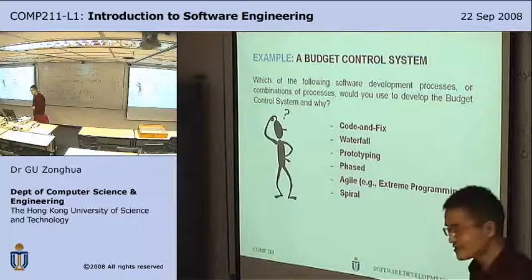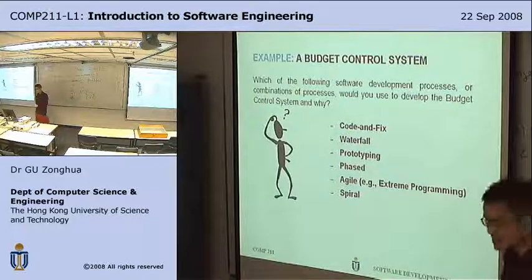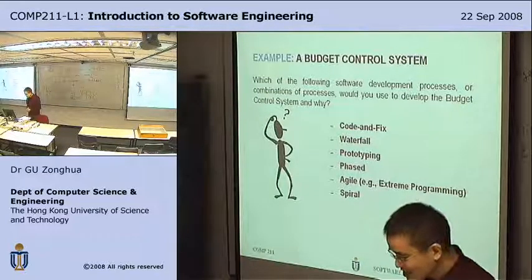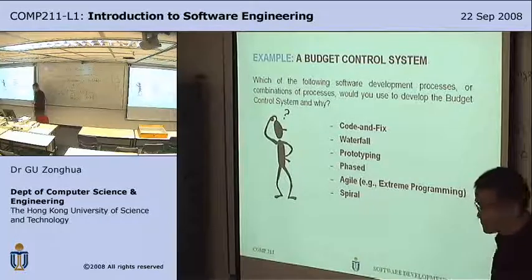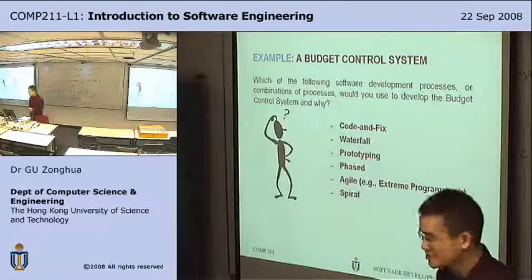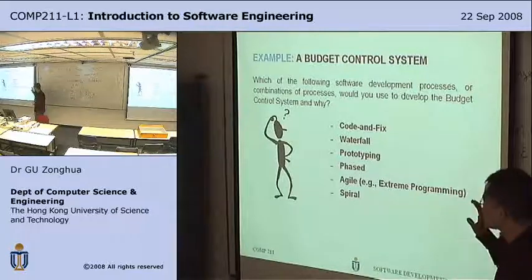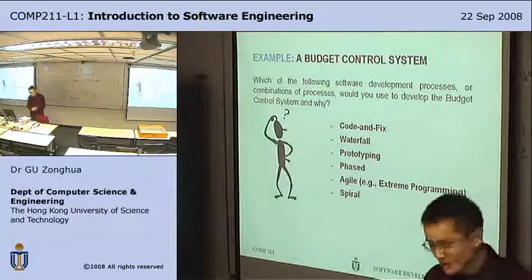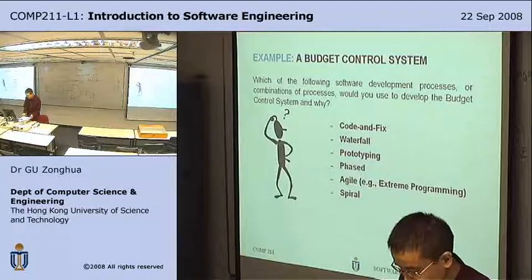Phased, where you deliver the products incrementally and iteratively, that's also reasonable. Agile, perhaps okay. Spiral also sounds reasonable. So this is not a single answer question. Really, what happened is a combination of several approaches.